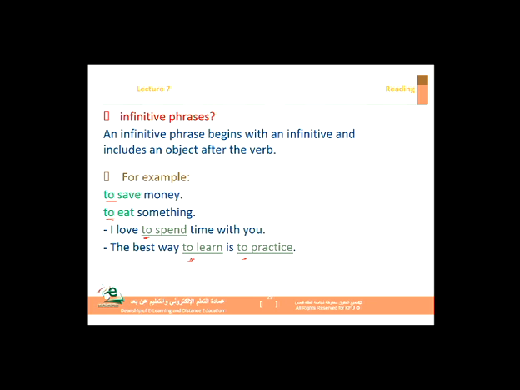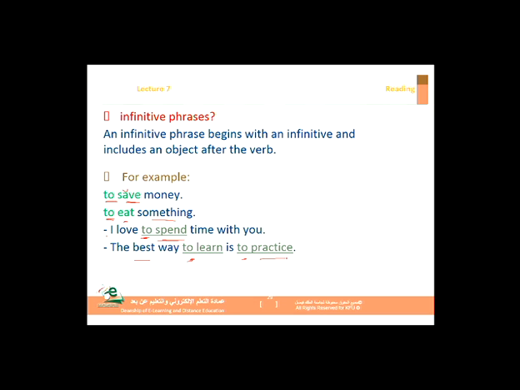So to save money. This is a verb, yes, but there's to before it. So to save money. To eat something. I love to spend time with you. To spend. So the best way to learn is to practice.